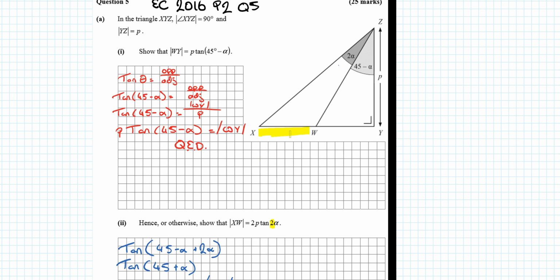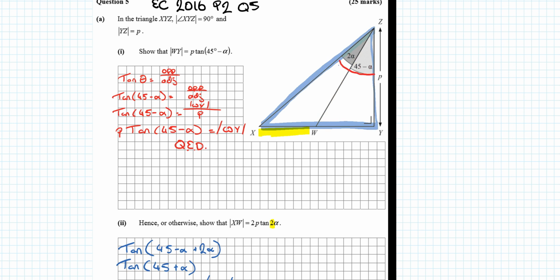We want to get XW on its own. So you'd either consider using this triangle. Now, looking at this triangle, it's a non-right angle triangle, and we're dealing with tan here, so we actually want to deal with the right angle triangle. So because we're dealing with tan, we would consider this triangle here. Could we find what this angle is?